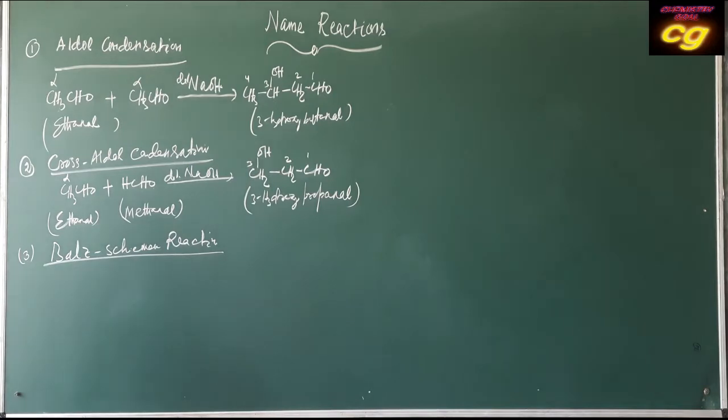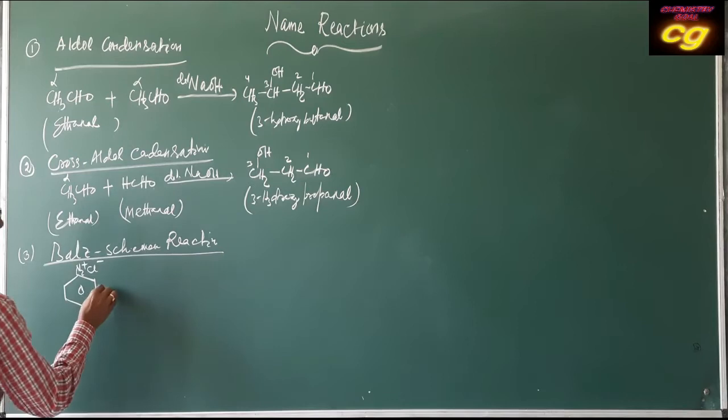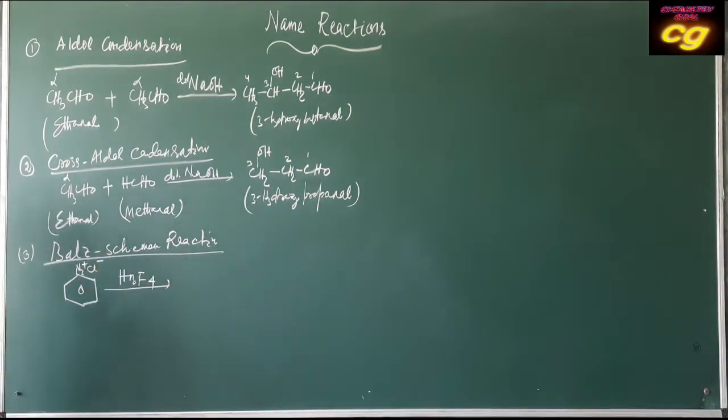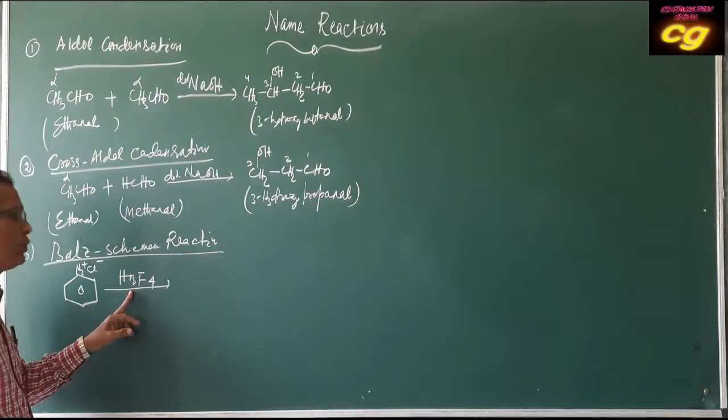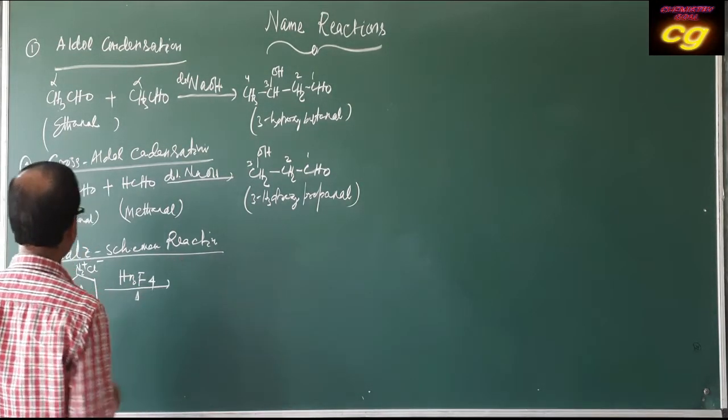Here the main important thing in the Balz-Schiemann reaction is that benzene diazonium chloride, C6H5N2+ Cl-, in presence of HBF4, that is called fluoroboric acid, on heating produces the following.